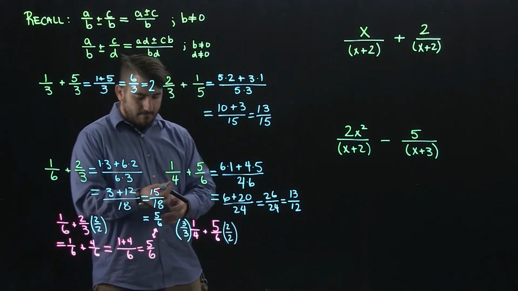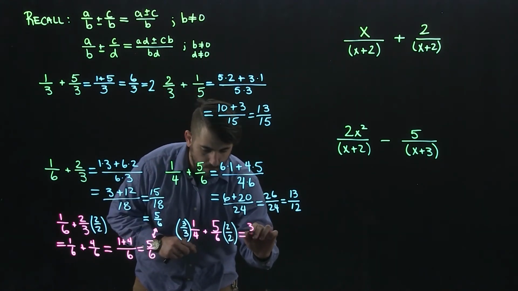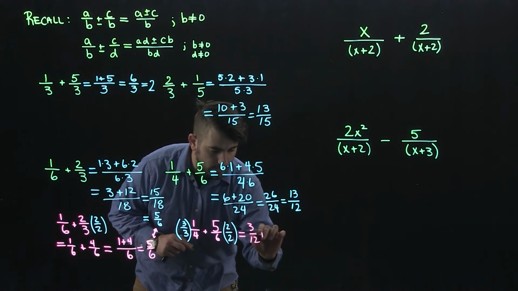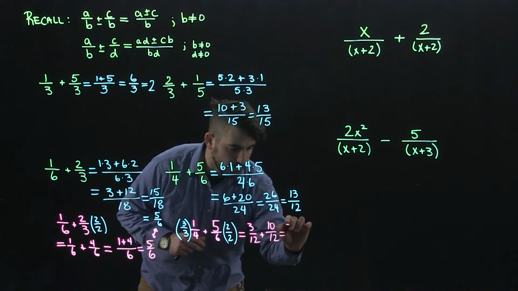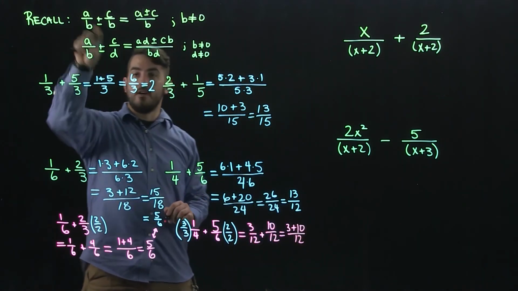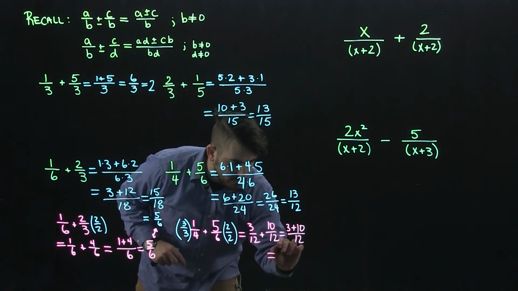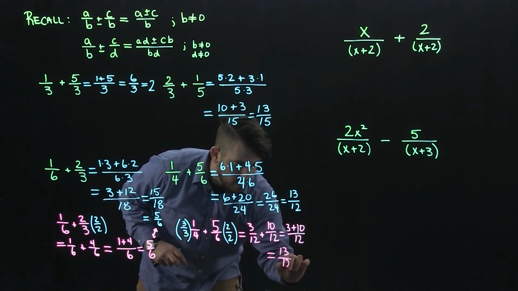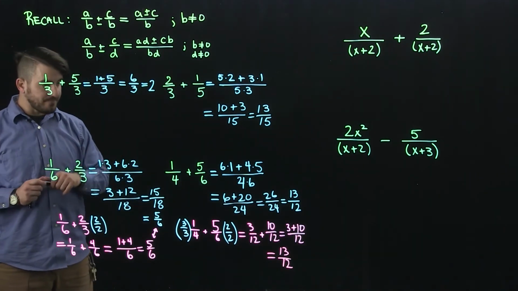And I get 3 over 12 plus 10 over 12, which equals 3 plus 10 over 12, using the first property we identified, which then becomes 13 over 12, which is the same answer as we got in the previous case.